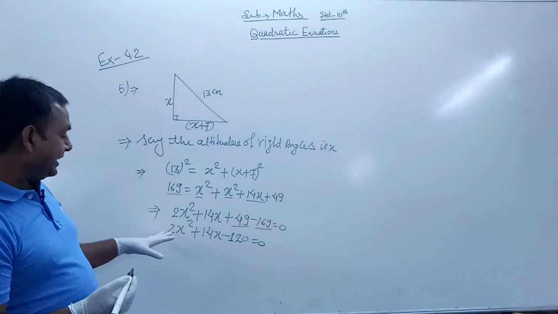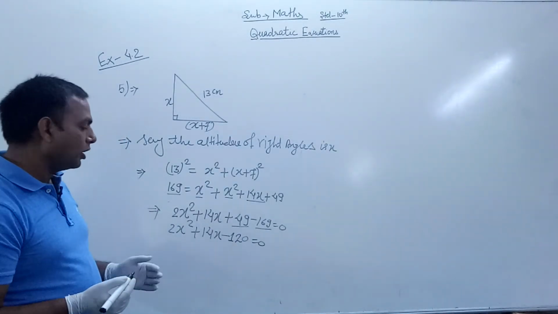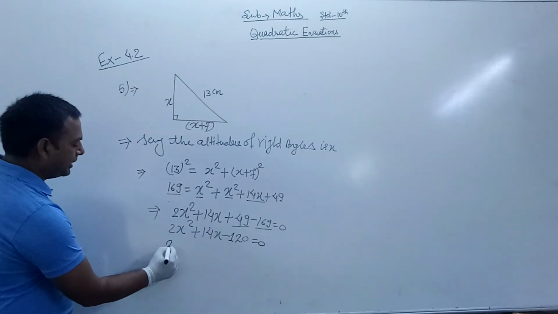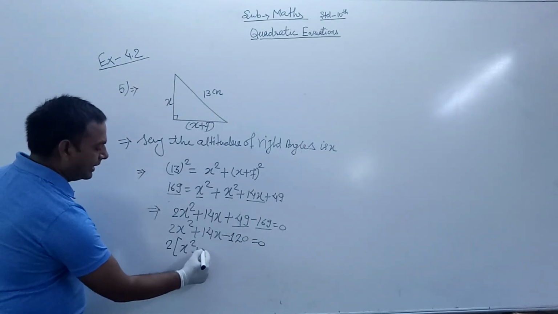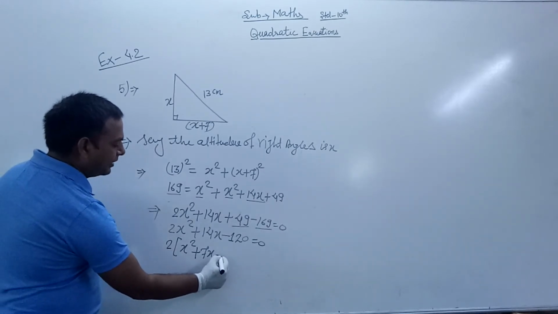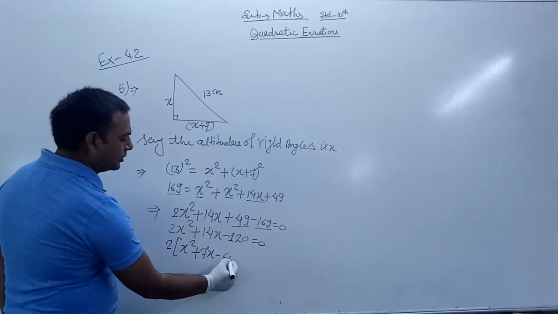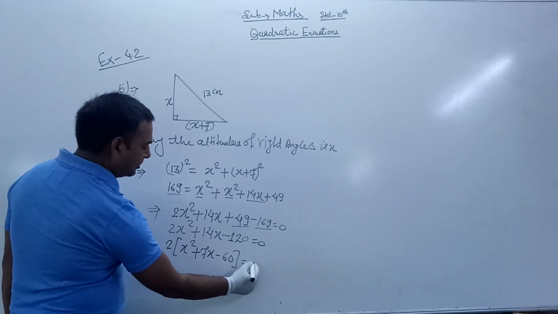In each term you have 2 common, so you take 2 common. Taking 2 common, this is x squared plus 7x minus 60, equal to 0.